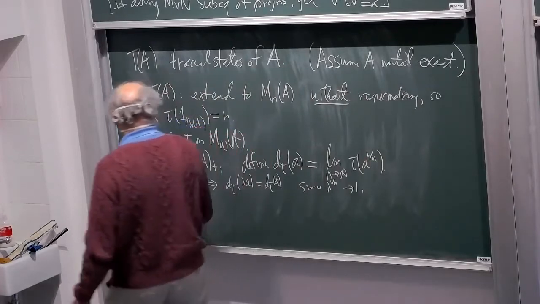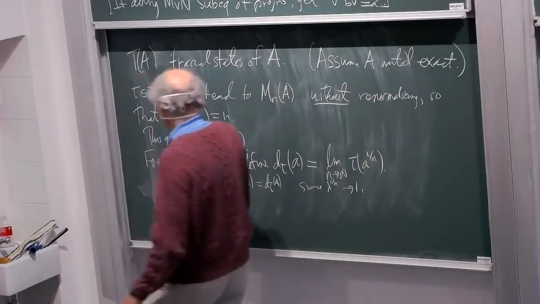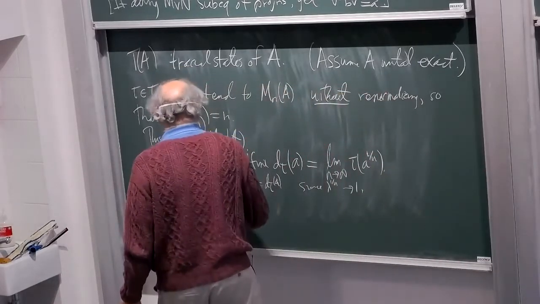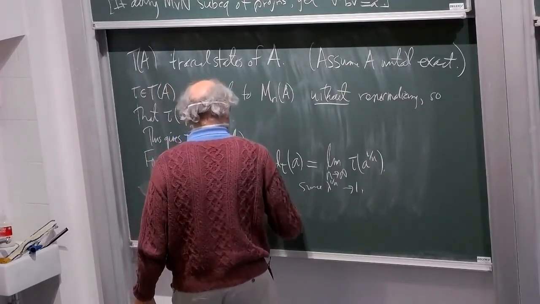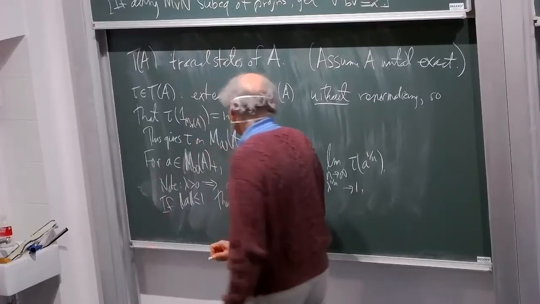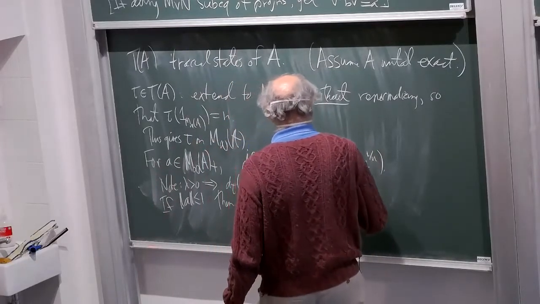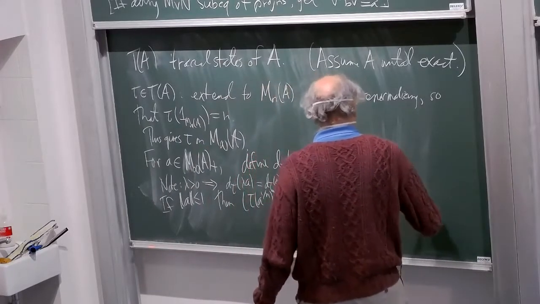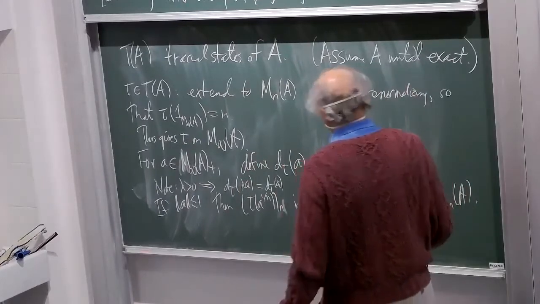And if the norm of a is less than or equal to 1, which I can assume because of this part, then the sequence tau of a to the 1 over n is non-decreasing and bounded by n if a is in Mn(A). So the limit exists.